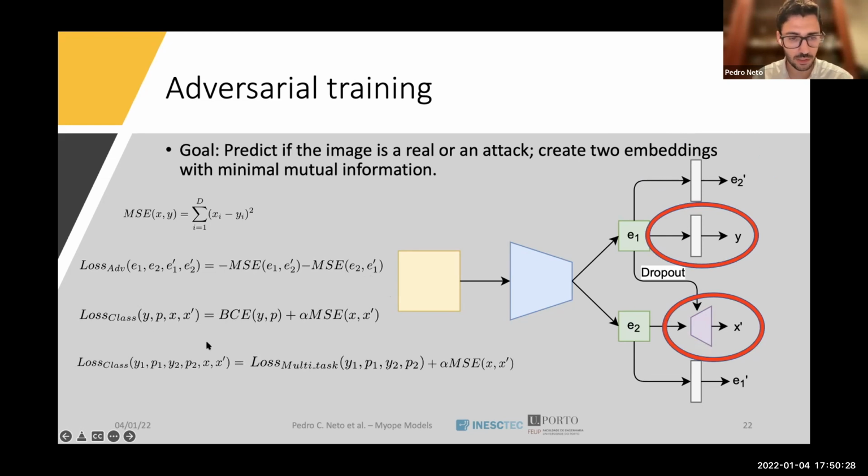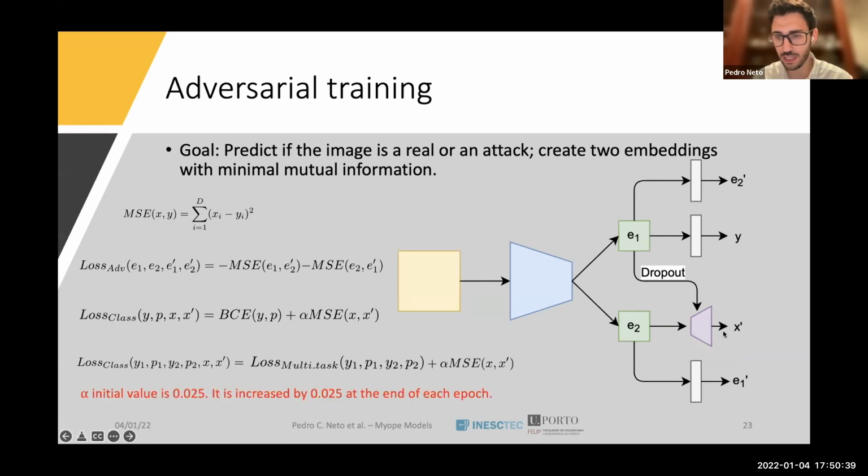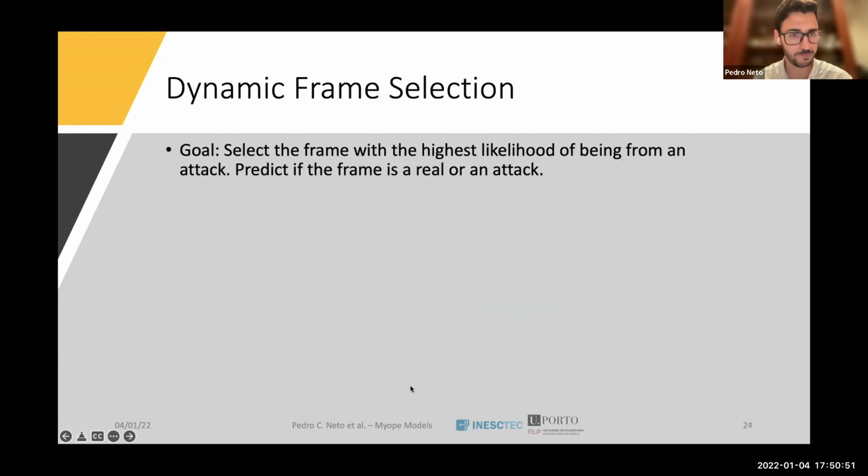This classification can be binary or multitask. It works, we just need to apply some changes here. We give a weight to the reconstruction term, and we increase the weight by 0.025 at the end of each epoch.